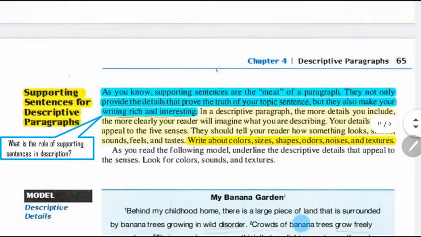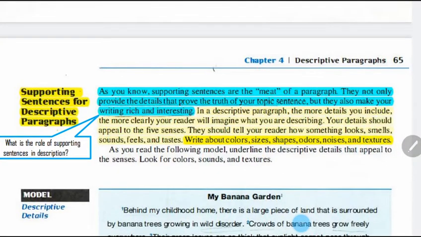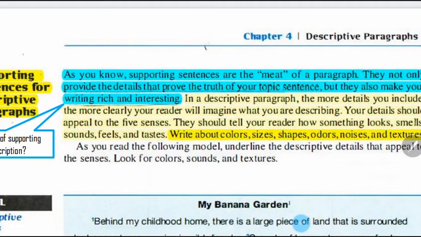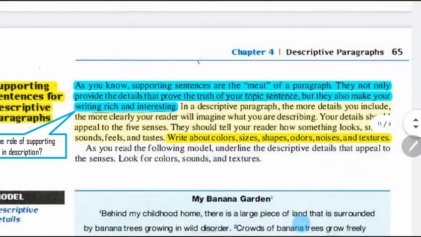Supporting sentences not only provide the details that prove the truth of your topic sentence, but they also make your writing rich and interesting for the reader. Why are they rich and interesting? Because they provide more details and give examples.